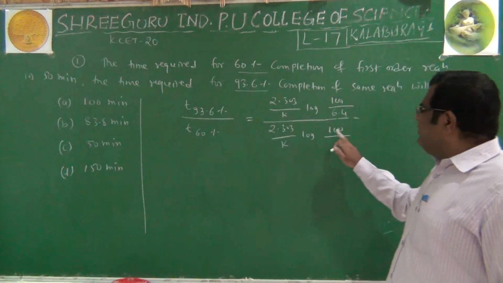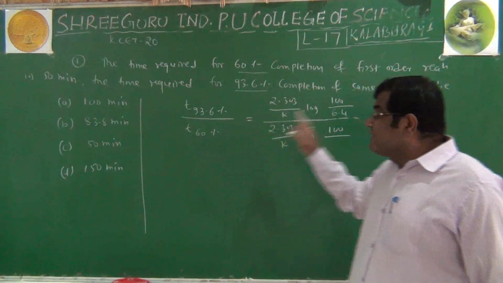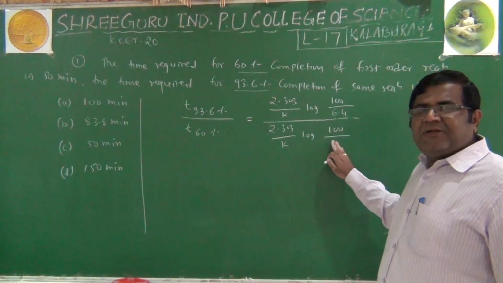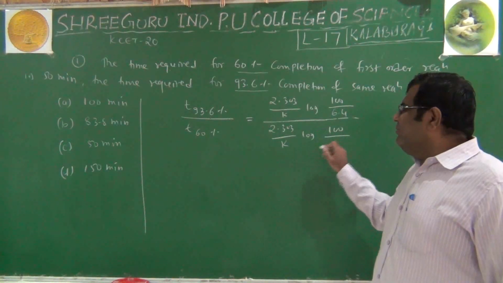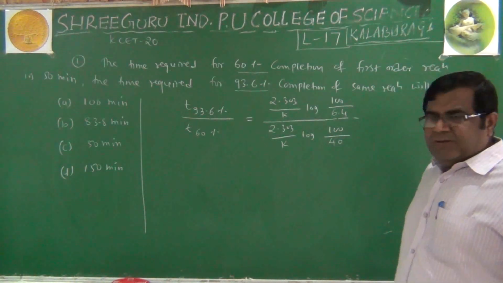For 60% completed, 100 minus 60. How much remains? That we write. How much is completed? That we won't write here. How much will remain? 100 minus 60 will be 40.